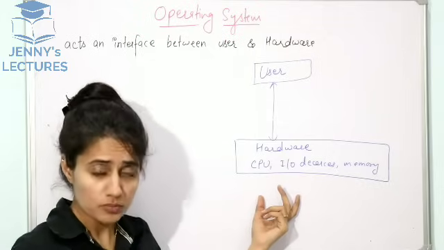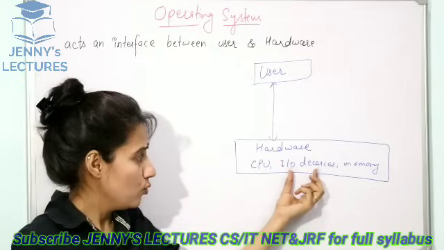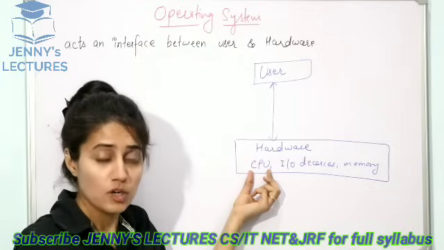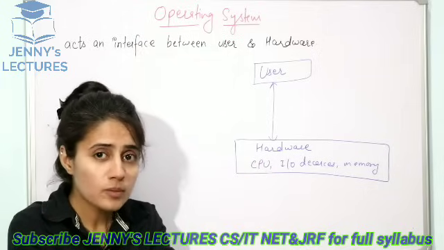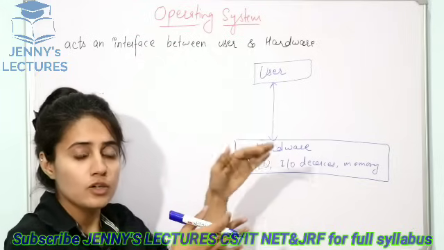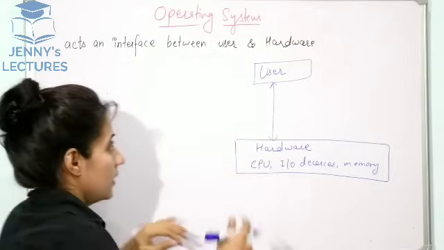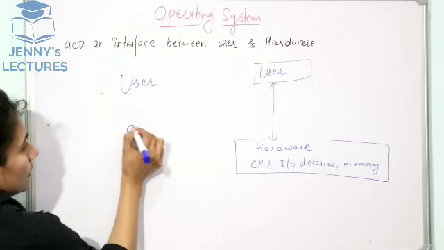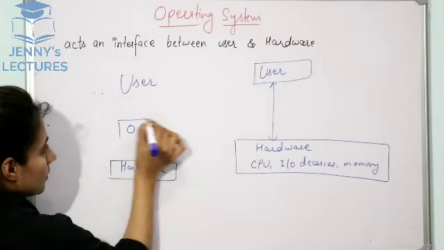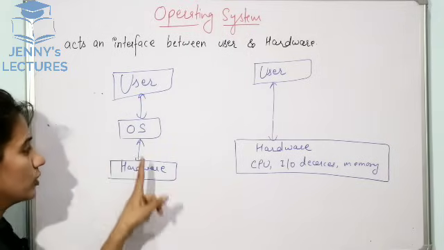Maybe the user can, but in that case, for accessing every device, say the CPU, the user has to write a complete program to access it, first to access that particular hardware, and then whatever he or she wants to perform with it. In the second scenario, we have user, here we have operating system, and here we have hardware. So it is an interface between user and hardware.